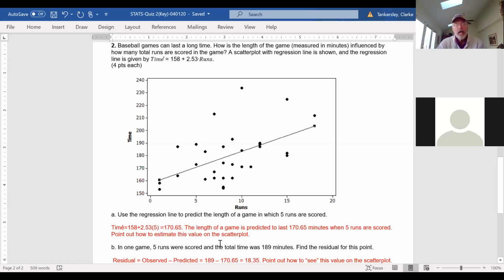The length of a game is predicted at least 161 minutes when 5 runs are scored. All right, so that here is where 5 is, and we'll probably go up to this value right up here. Right here is going to be part of a residual.